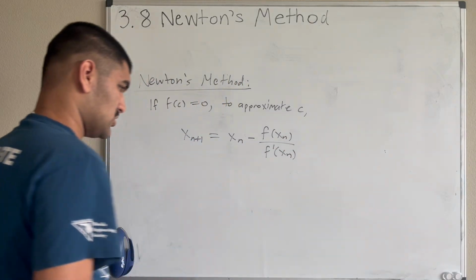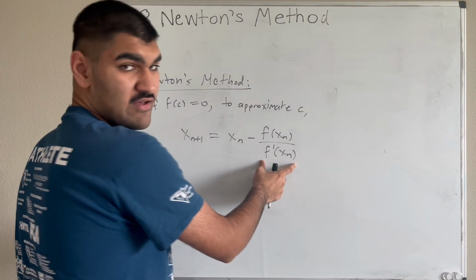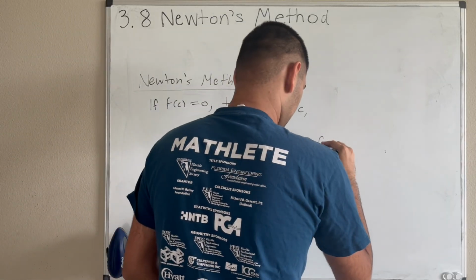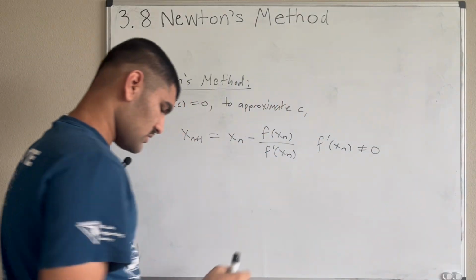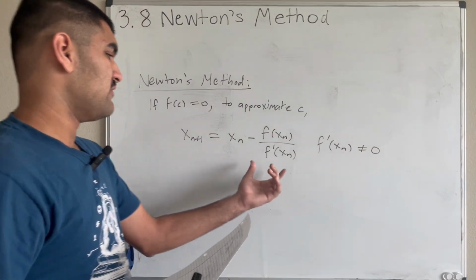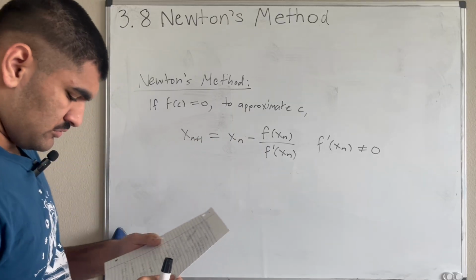Okay, so a couple important things to point out is that first of all, we have f prime of xn in the denominator. So that means that f prime of xn cannot equal 0. So like the derivative at each of our approximations cannot equal 0.